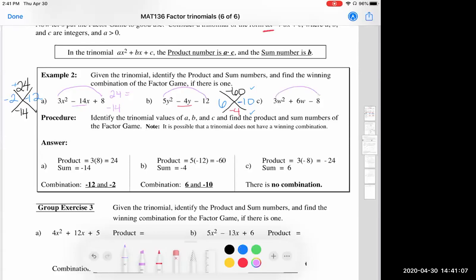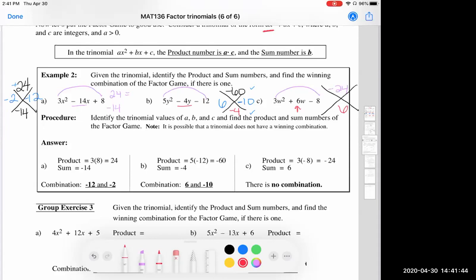3 times negative 8. That gives you negative 24. All right, what two numbers multiply to give you negative 24, but add to give you 6? So I have 2 times 12, no, 3 times 8, 3 plus 8, that gives you not 6. 3 minus 8 does not give you 6 either. 7 and 4, no. Okay, so we can't, not even that 7 and 4 will work. 6 and 4, no. So there aren't any numbers that work.